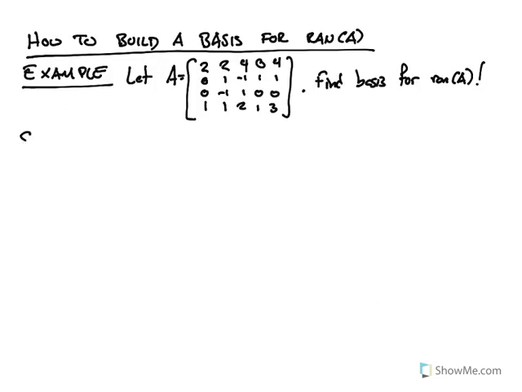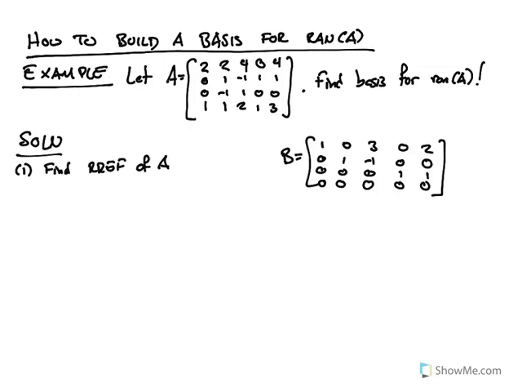And the solution is very similar. So step 1 is to compute the RREF of A. So here it is. There is the RREF of A. Now, the second step is to identify the pivot indices. Identify the indices of the pivots.